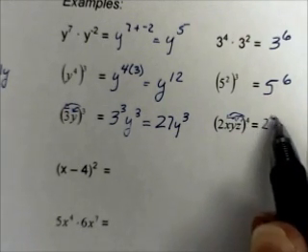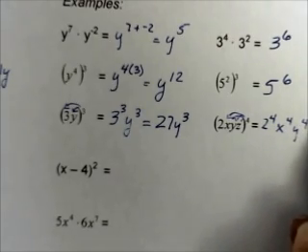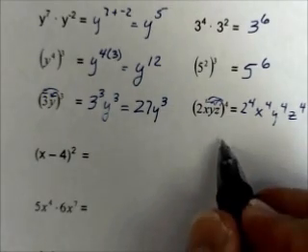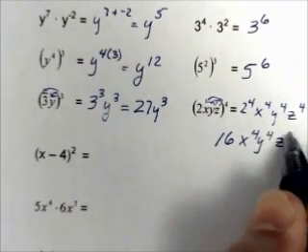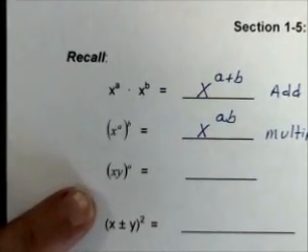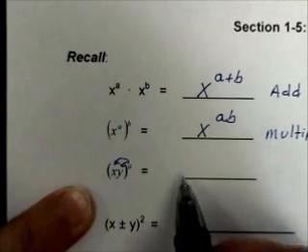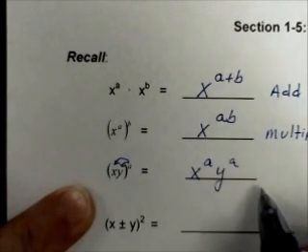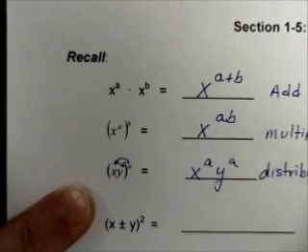So that's 2 to the 4th, x to the 4th, y to the 4th, z to the 4th. And 2 to the 4th is equivalent to 16. So 16, x to the 4th, y to the 4th, z to the 4th. So when you have a product raised to a power, you distribute the power. X to the a times y to the a. Distribute the exponent.